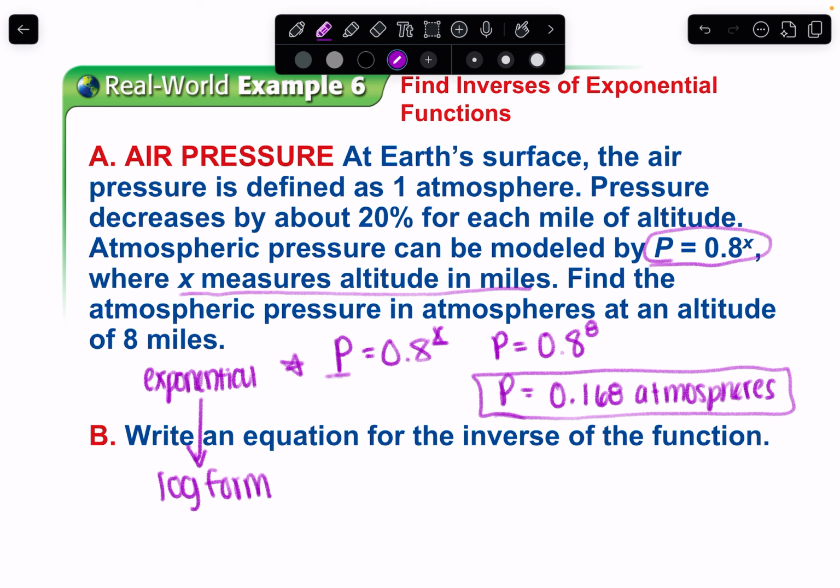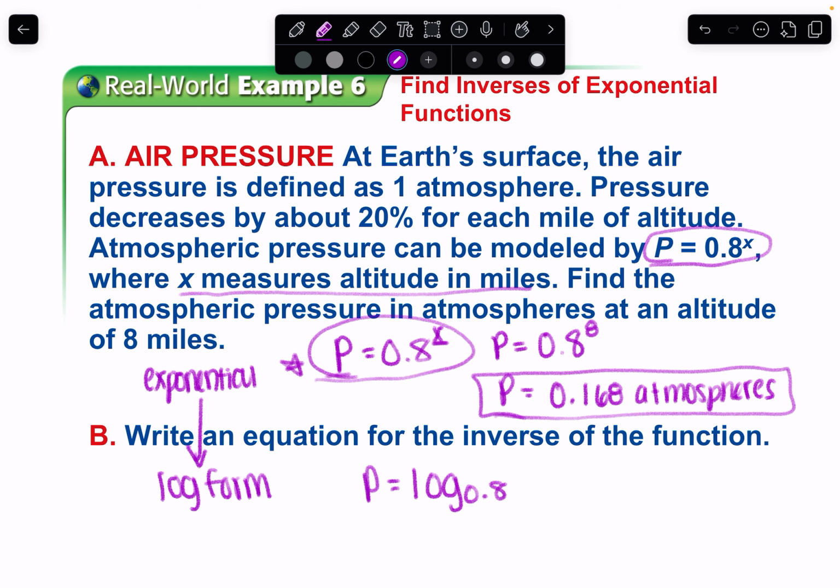So all it's asking you to actually do for part B is take this equation and write it in log form. What that would look like, you're really just plugging in the log. So what I mean by that is I would have log, your 0.8 is going to become the subscript.